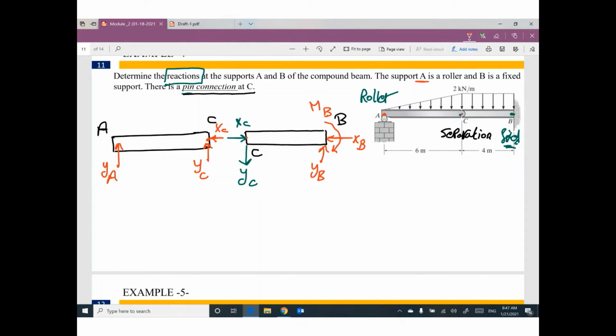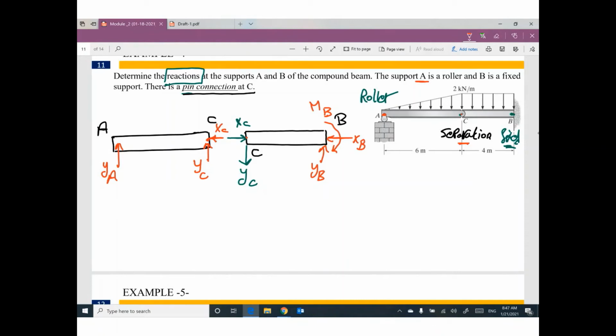Please be organized in your solution. We have pin connection, we have separation. We have roller support, we have one reaction. We have fixed support, we have three reactions. We have pin connection, we have two reactions. On one side, they will be the same values on the other side, but in opposite direction.